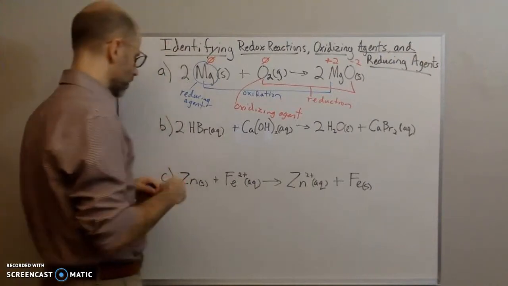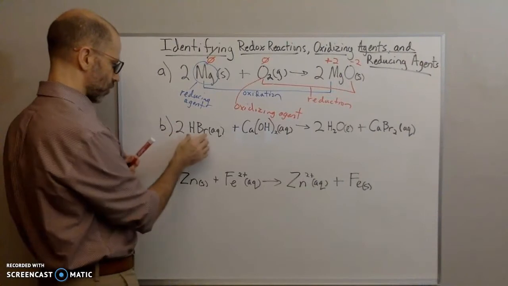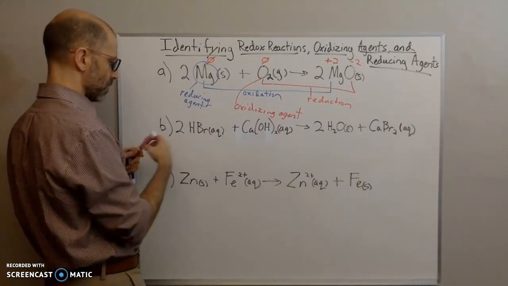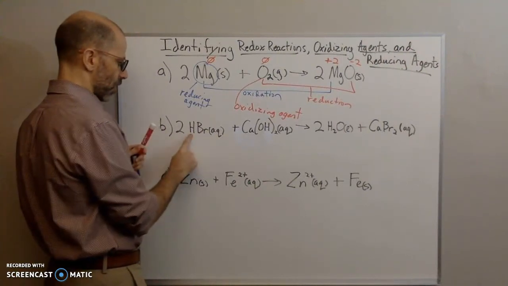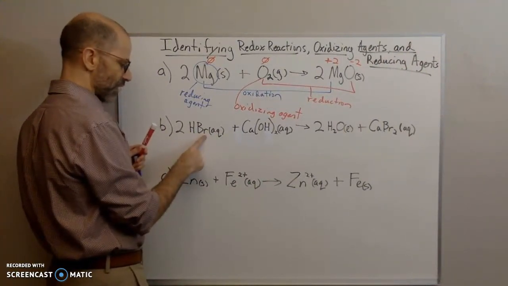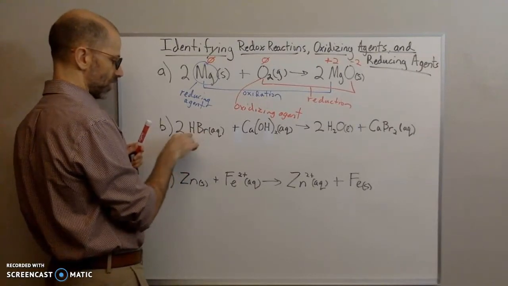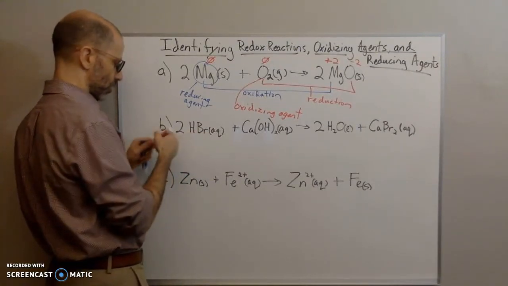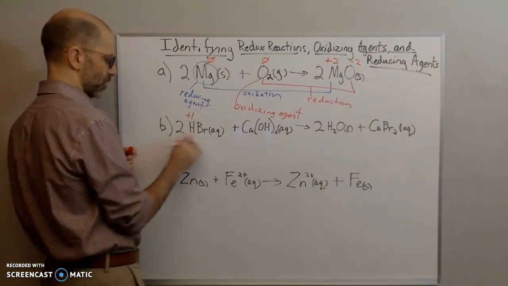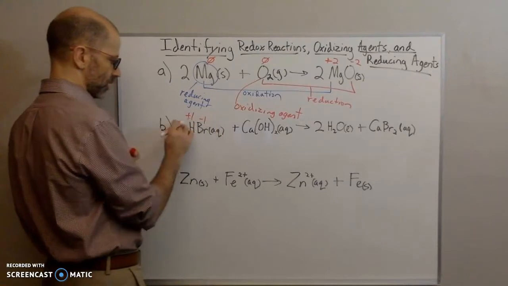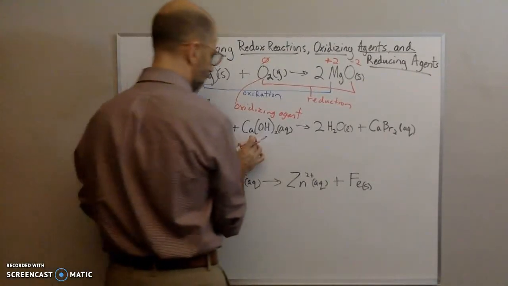So here, let's do our oxidation states. Here we have hydrogen and bromine. This is an acid. Bromine is in group 7, so that's going to be lower on the table than hydrogen. So we'll give hydrogen first. According to the rule, that gets a +1. And then to balance the oxidation states, since it's a 0, that's a -1 for bromine.